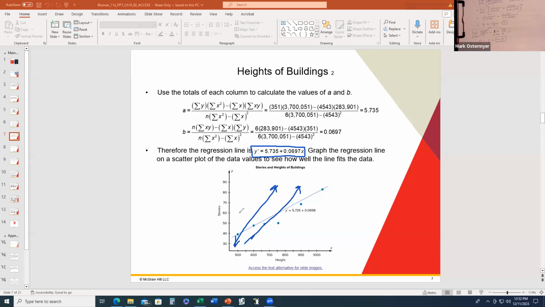Here's a line. Here's a line. There's an infinite number of lines you could fit to these data points. But the one that minimizes the sum of squared errors between the predicted y and the actual y values is the best fit equation, or the least squares regression equation right here. That's the optimal line that you could possibly fit to those data points.